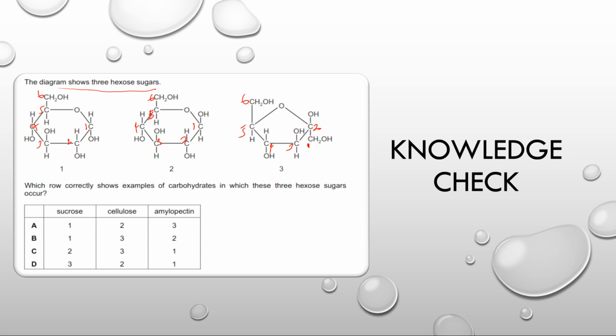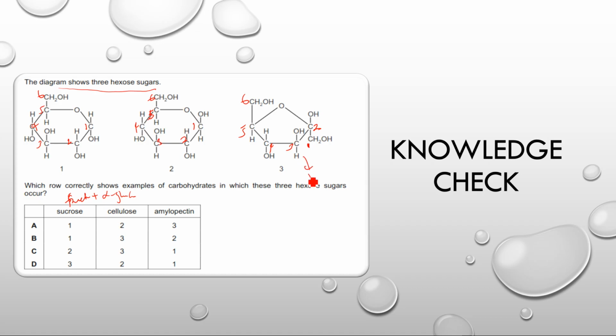Then answer: which row correctly shows examples of carbohydrates in which these three hexose sugars occur? Remember that sucrose is made up of fructose plus glucose. So sucrose must have fructose.